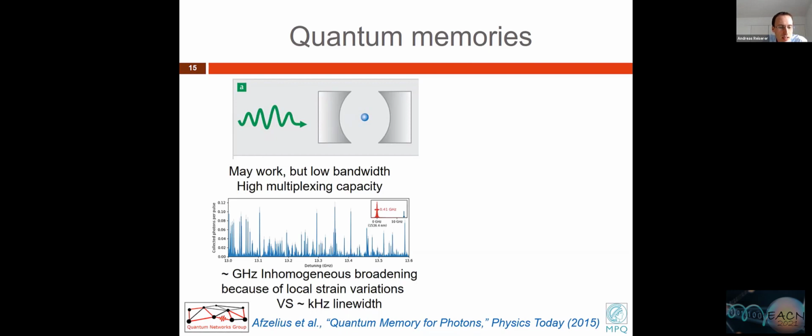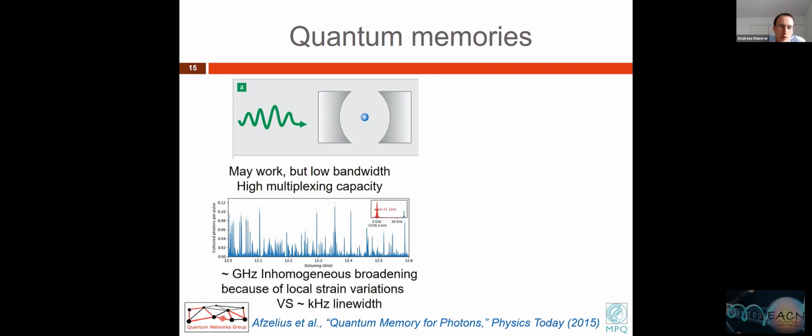And this means that if you have, for example, a gigahertz inhomogeneously broadened line because of these strain variations, you can maybe resolve 100 or even 1,000 ions in the spectral domain. So instead of time domain multiplexing, you would, in that approach, rely on spectral domain multiplexing, or if you want to call it, an extreme dense wavelength division multiplexing.